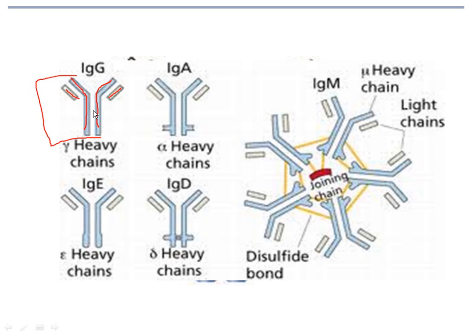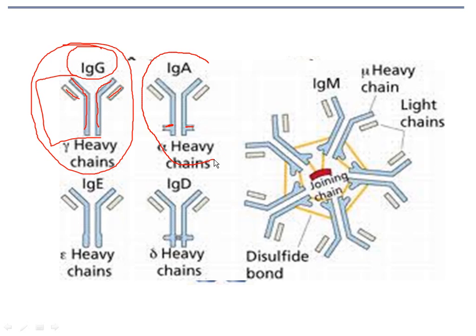So it's a certain kind of heavy chain, and that's called IgG, immunoglobulin G. So this is one kind of antibody. There's a different kind of antibody called immunoglobulin A, and you can see it has a different kind of heavy chain. So here's IgA. Don't memorize the heavy chain, just know that the chain is different.